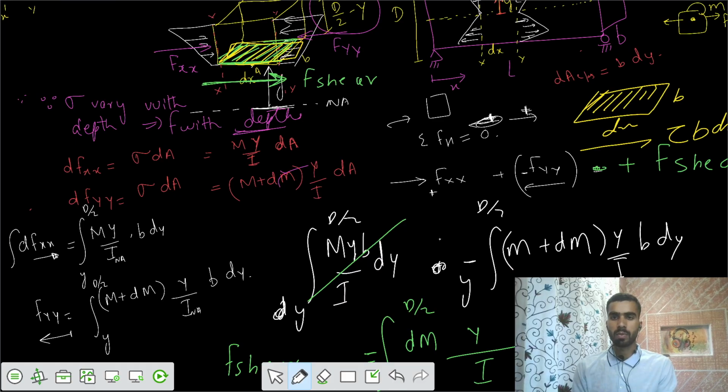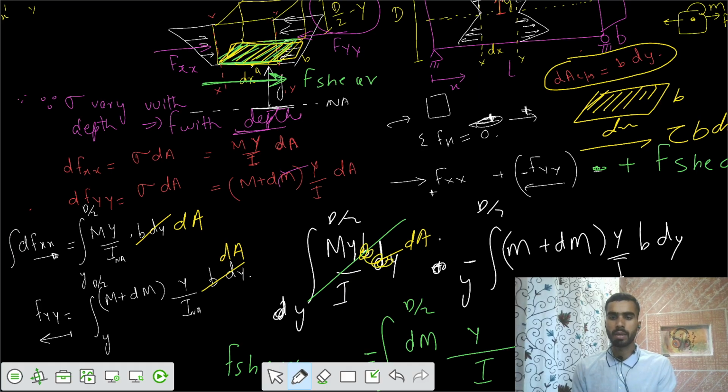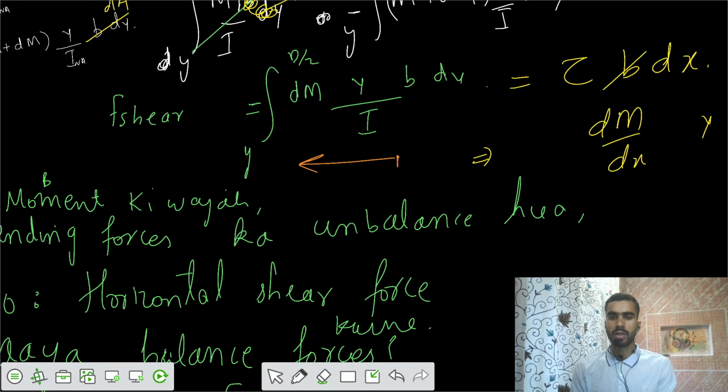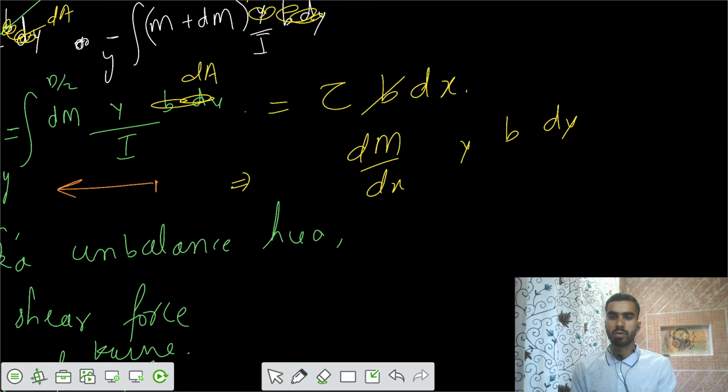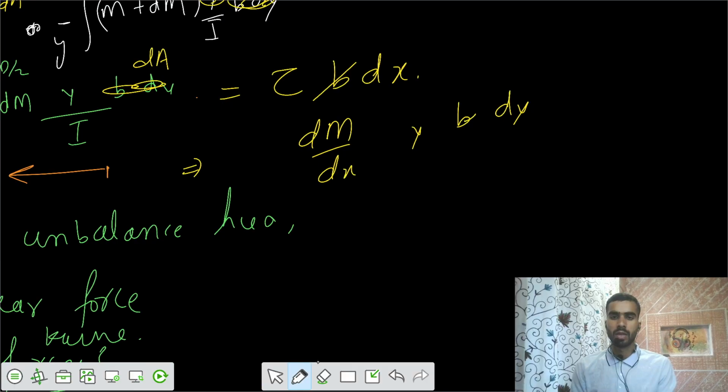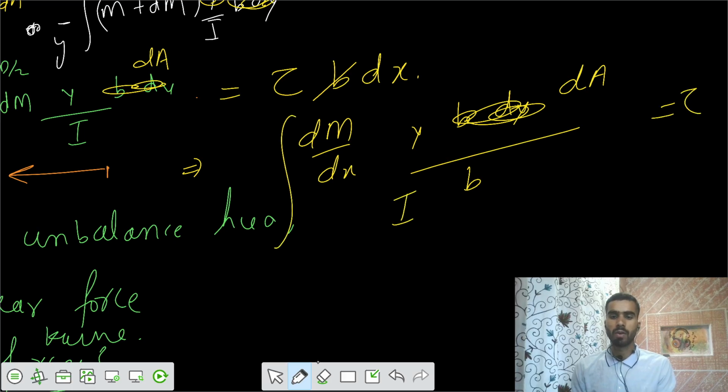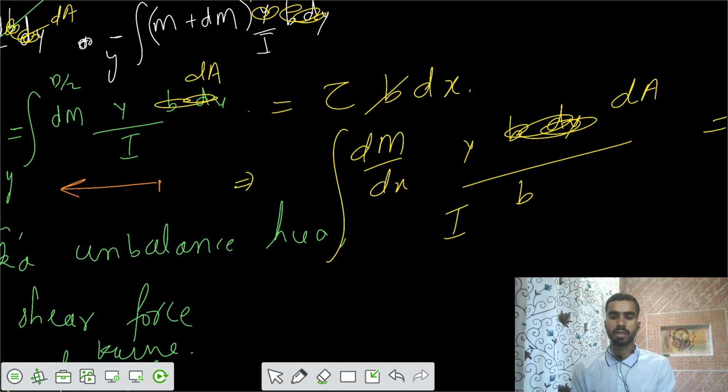So we had a small differential area, and we keep it as dA. We have some division by b, and we already have y, then we integrate it, so we got some tau value based on this calculation.